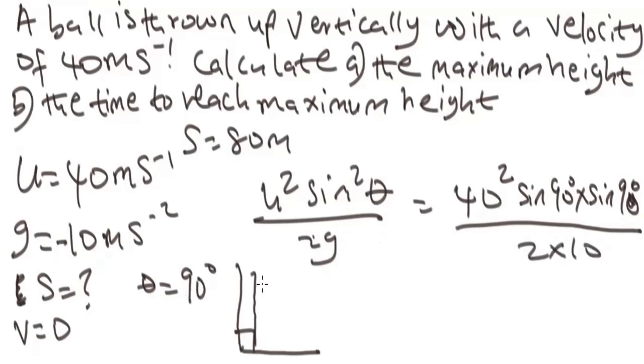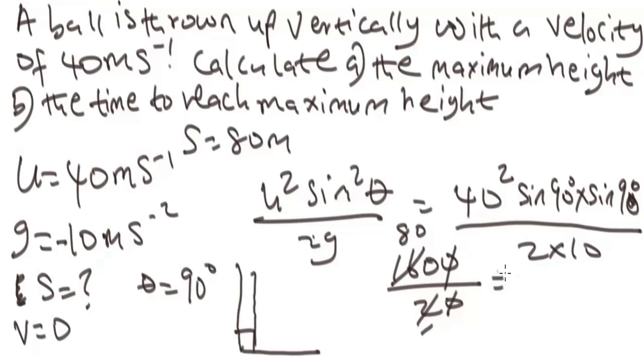The acceleration due to gravity, g, is constant, 10. When you simplify this, sine 90 is 1. This is 40 squared, which gives us 1600 over 2 times 10, which is 20. The 2 cancels, and you're going to get 80. So you can see that you still get the same value for maximum height, 80 meters.